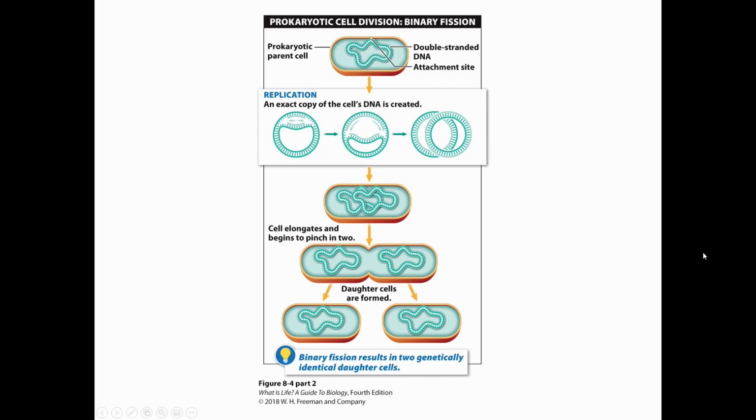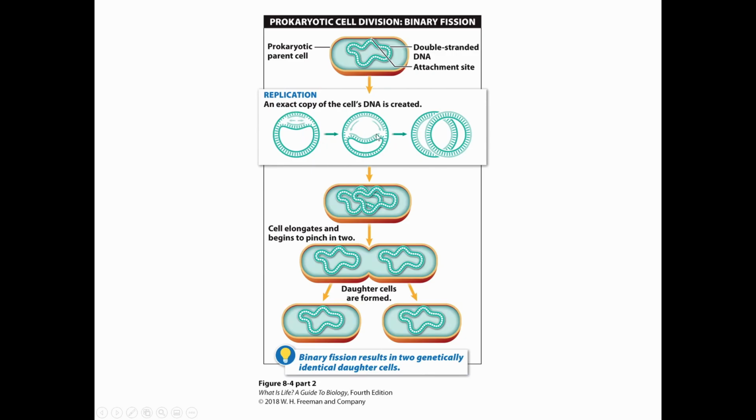So let's actually look at that in a little bit easier and more clear fashion with this nice drawing. So here's our parent cell, some sort of bacterium. And we have the DNA in a circular chromosome. This replication process of replicating the DNA is where we're going to basically unzip at one point, a starting point or an origin.